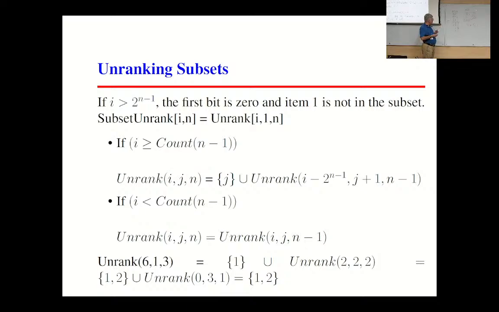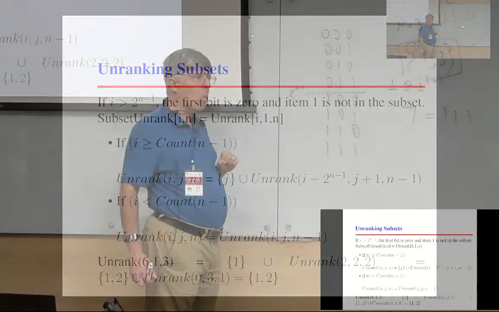What do I know? If the number is greater than 2 to the n minus 1, that means that it has the first bit set high, right? So any number that is greater than 2 to the n minus 1 has to have element 1.